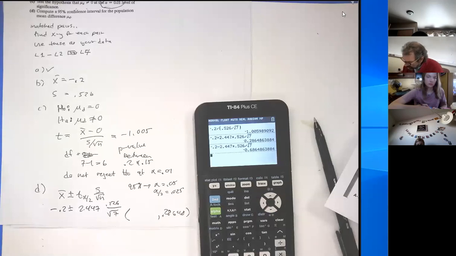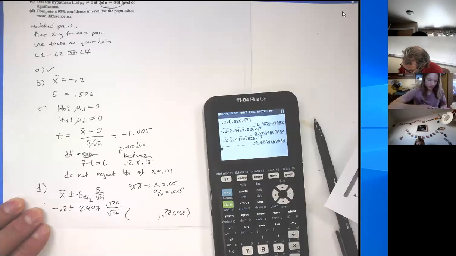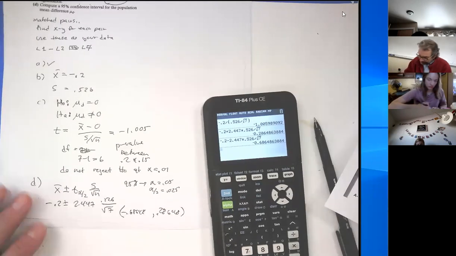Go. Minus 0.68648. It's a lot of places.